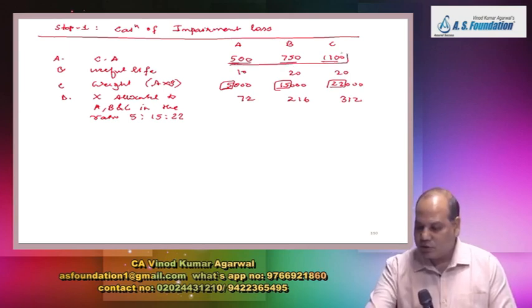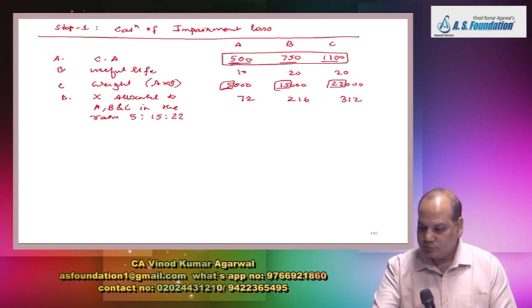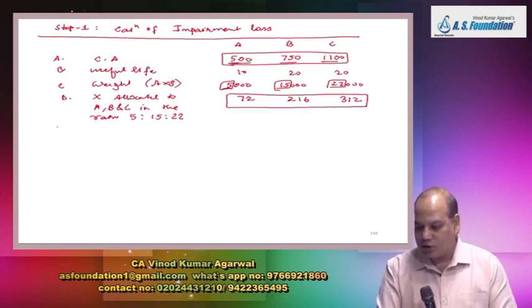Now understand, this is the carrying amount of CGU. This is the corporate asset allocated.